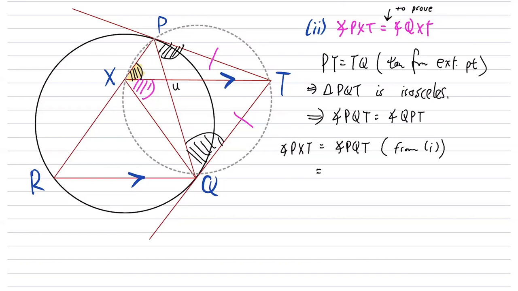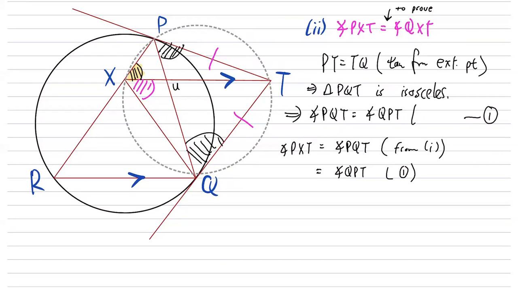Now for PQT onwards, we realize, from the previous part about the isosceles triangle, let's just call it number one here. Therefore, we conclude angle PQT equals angle QPT, base angles of isosceles triangle. I can just put down one here. Maybe I should have placed the reason at the side, base angles of isosceles triangle, like this.